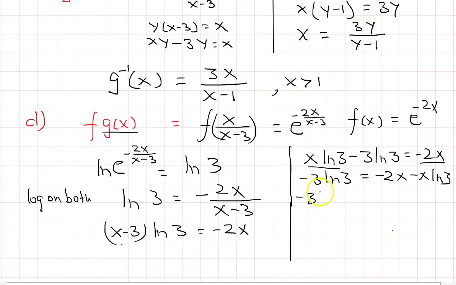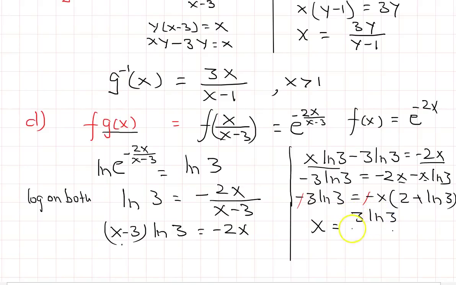So minus 3 ln 3 is equal to, let's take x common, negative x, so it will be 2 plus ln 3. This negative and negative is cancelled. So we can say that x is equal to 3 ln 3 over 2 plus ln 3. And that's it. That is the answer of this question. So this is the value of x.